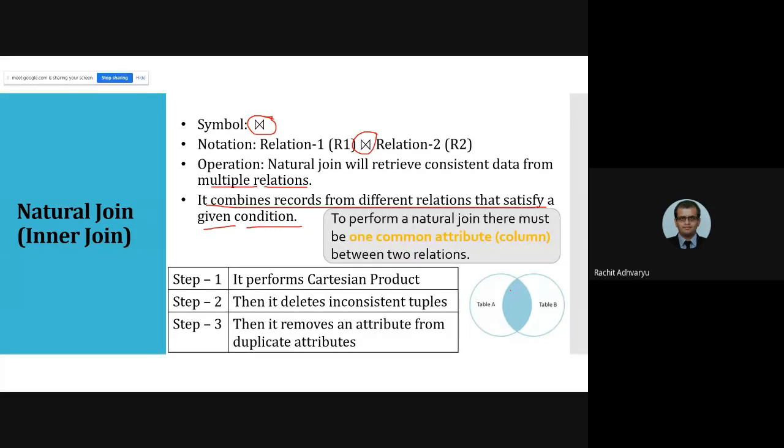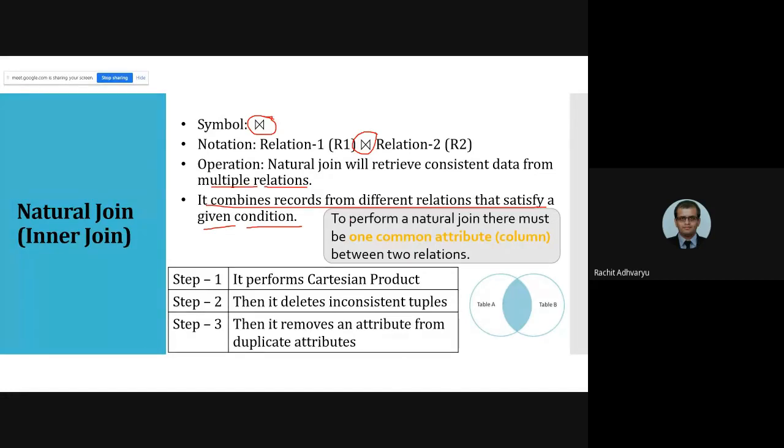This is the rule. To perform a join, there must be one common attribute or column between two tables or two relations. What does it say? If I want to perform a join operation, then the two tables which are going to get joined should have one common column.